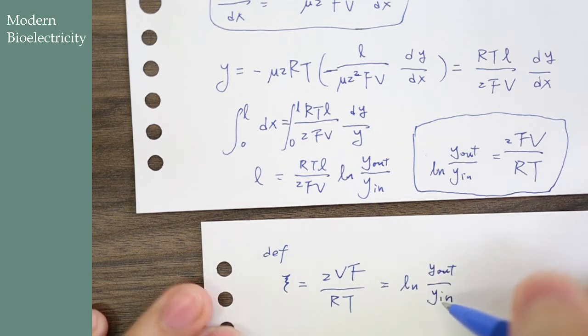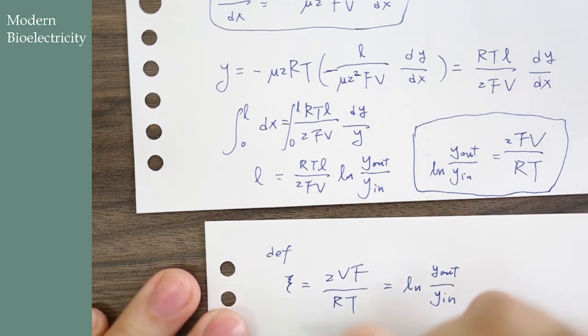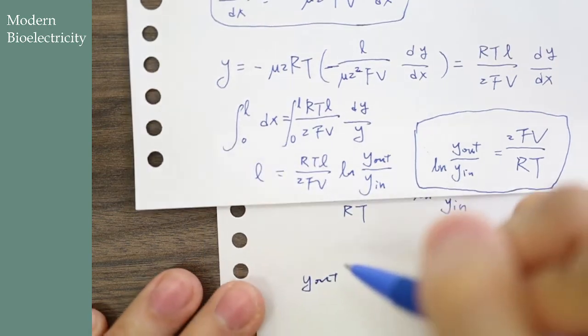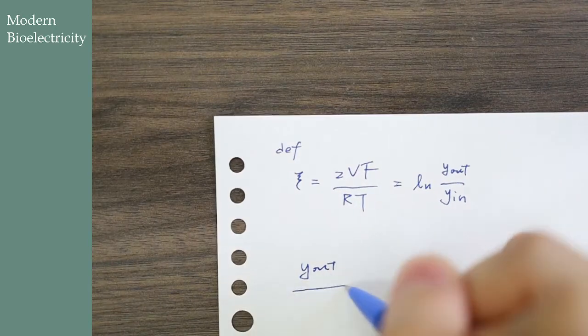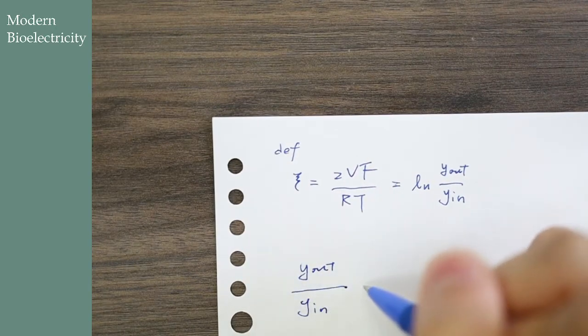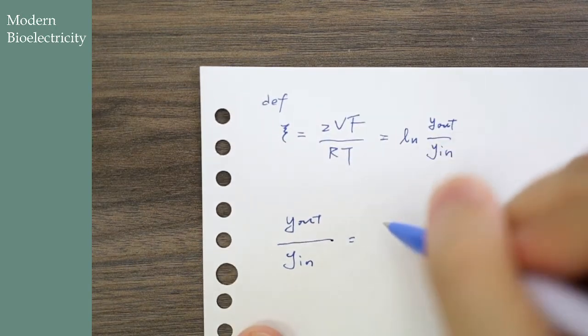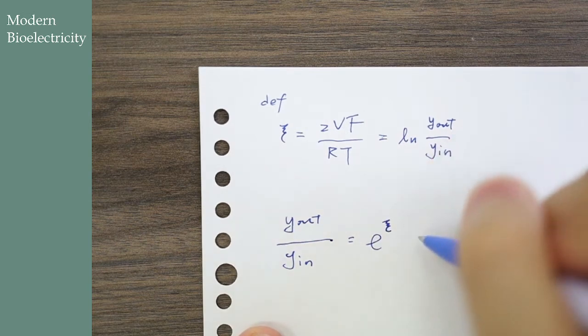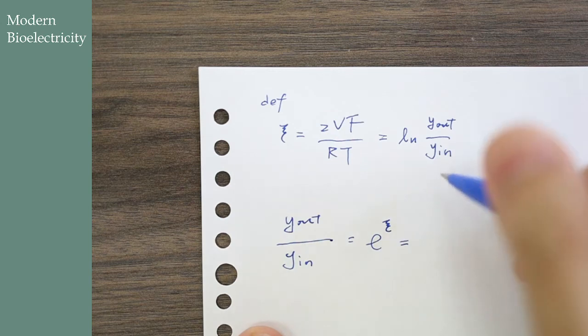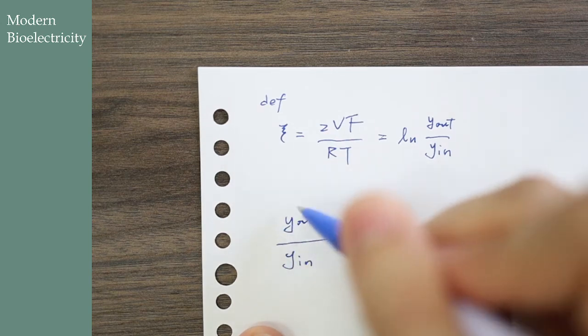And if we turn this into Y out divided by Y in, then we get E to C equals Y out over Y in.